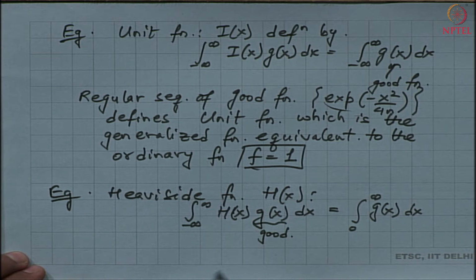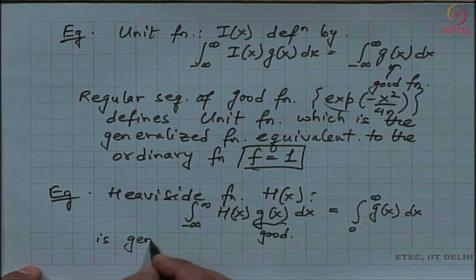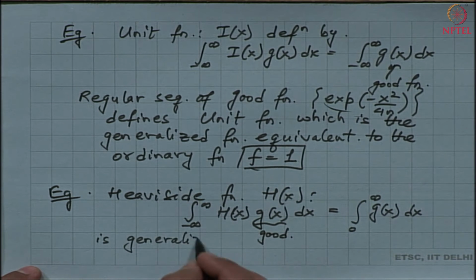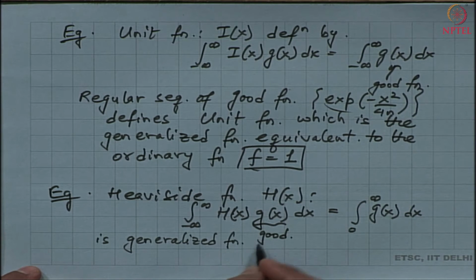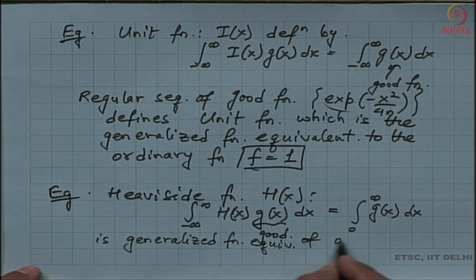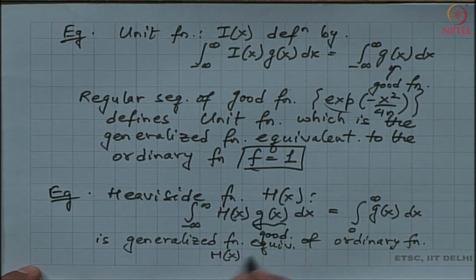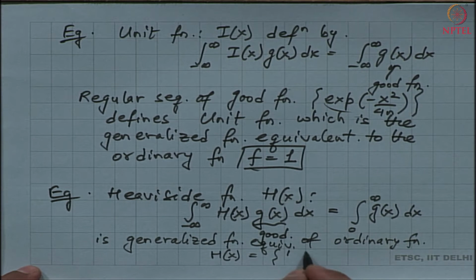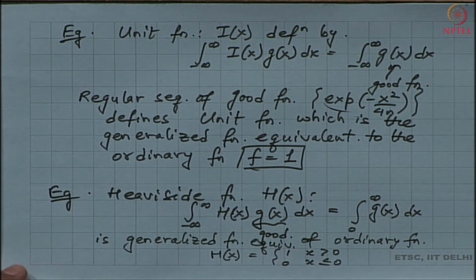So, this is the generalized function equivalent of the ordinary function h of x, given by 1 if x is positive and 0 if x is non positive. Okay. Let us move ahead.